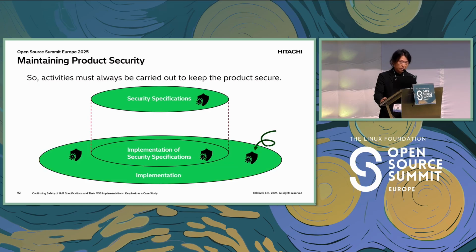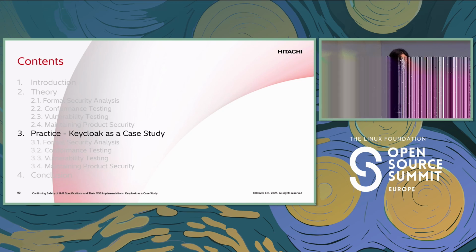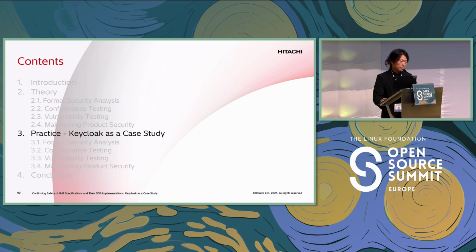Therefore, we need to do some kind of activities for maintaining the OSS product security in its lifetime. So in the first part of this talk, I mainly described the theory regarding how to make an OSS secure. In the last part of this talk, I'd like to talk about the practice that follows the theory by picking up the Keycloak IAM OSS as a case study.